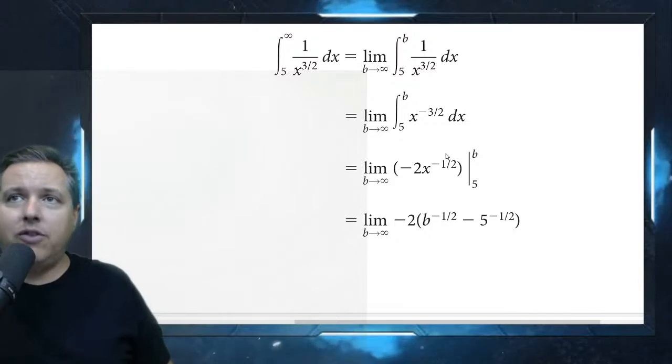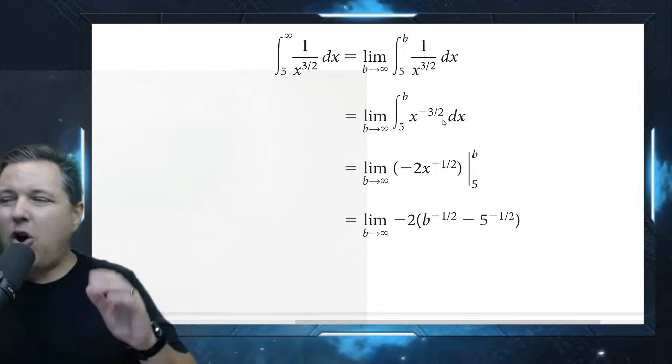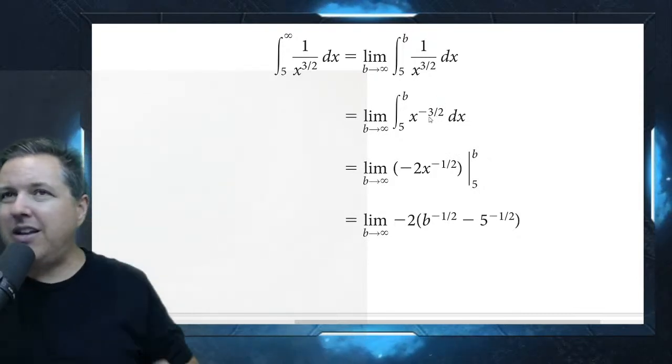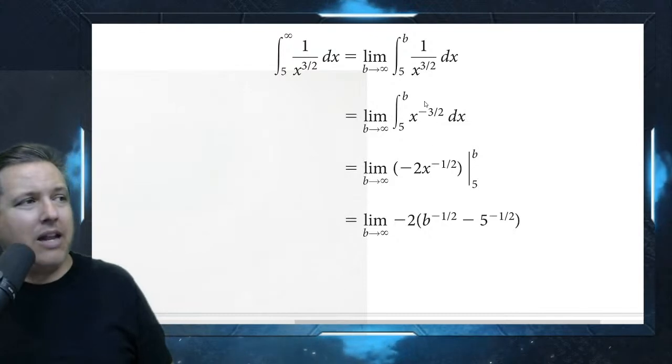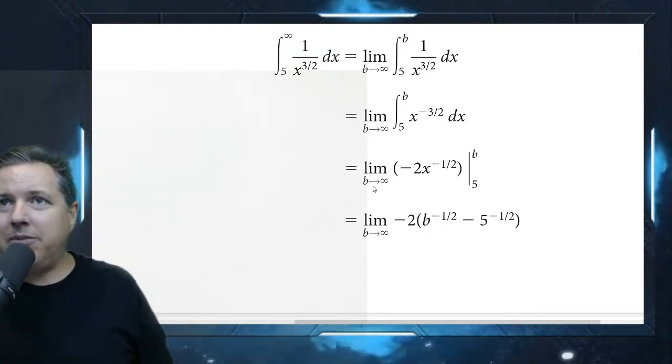Okay, so that's where this negative 2x to the negative 1/2 comes from. If you're wondering, they took the integral, they integrated this. Hopefully, you're all pretty comfortable with that, and you were able to work through that. So we still have this limit as b goes to infinity floating up front. We've now taken the integral, and we have to evaluate it at the endpoints 5 and b, the same endpoints that we had on the integral.